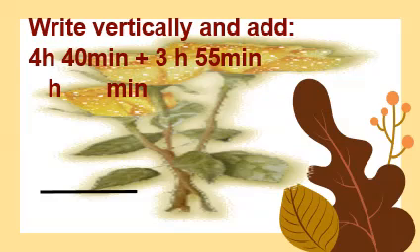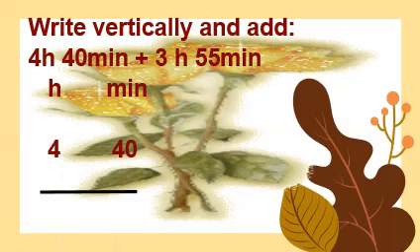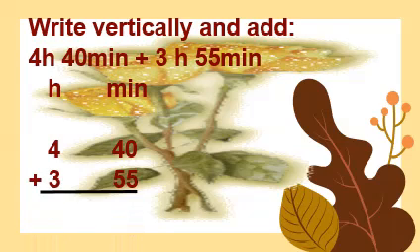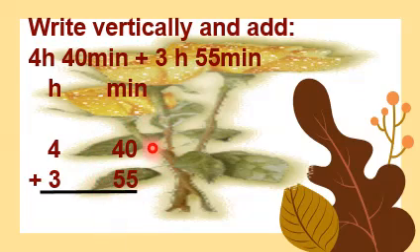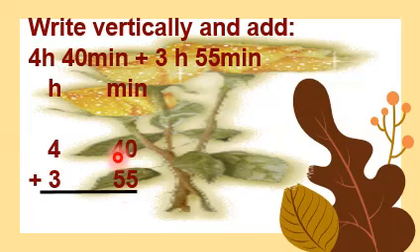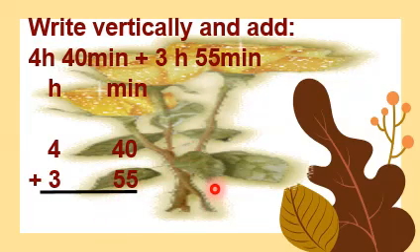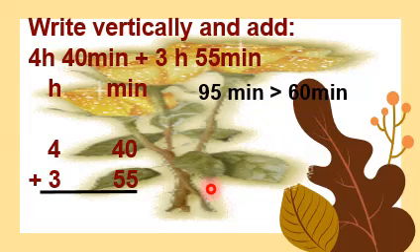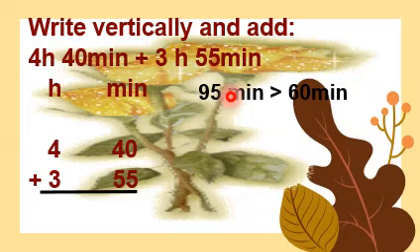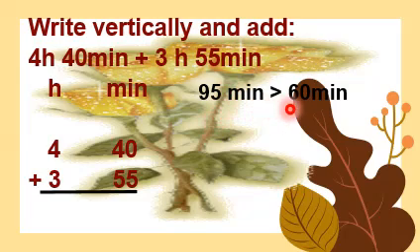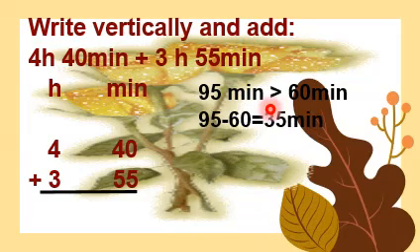First we will write them vertically according to the hours and minutes column. 4 hours, 40 minutes, 3 hours and 55 minutes. When we add 40 and 55, we will get 95 minutes, and 95 minutes are greater than 60.